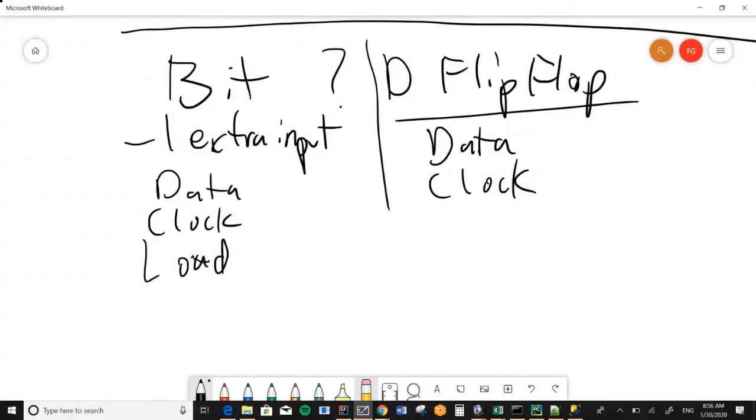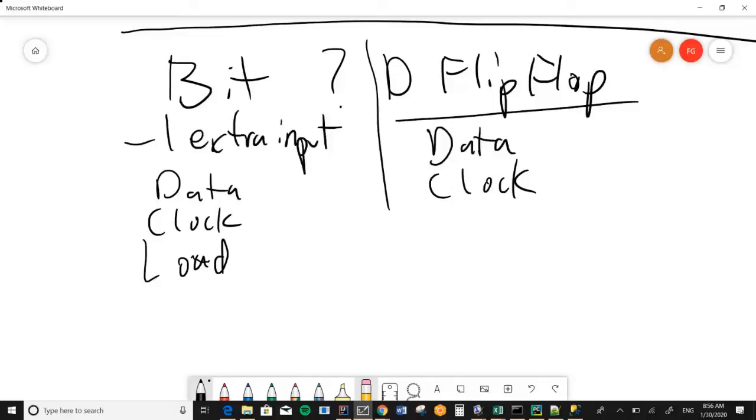So because the ALU is connected to every memory location, we want to be able to control when the data from the ALU is actually allowed to change the memory. And that's why we have a load bit. We only allow a memory location to change when that load bit is a 1. Why?